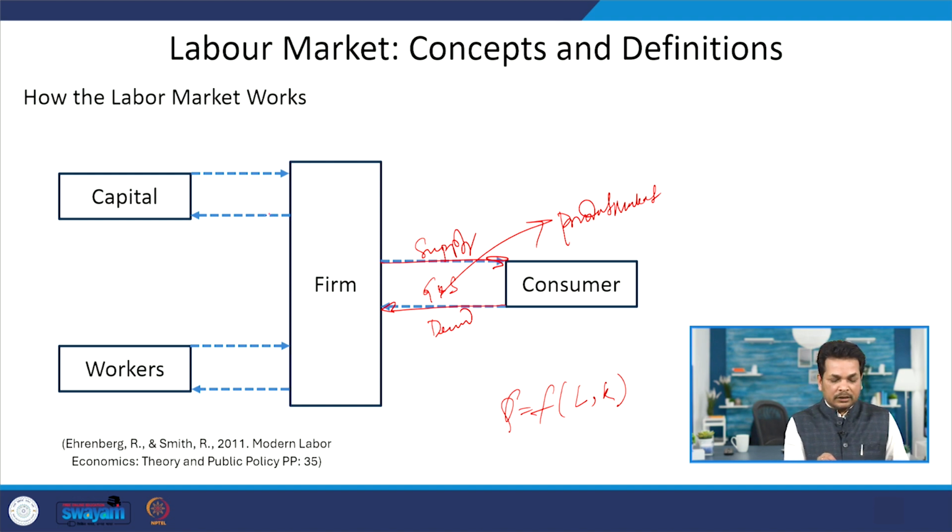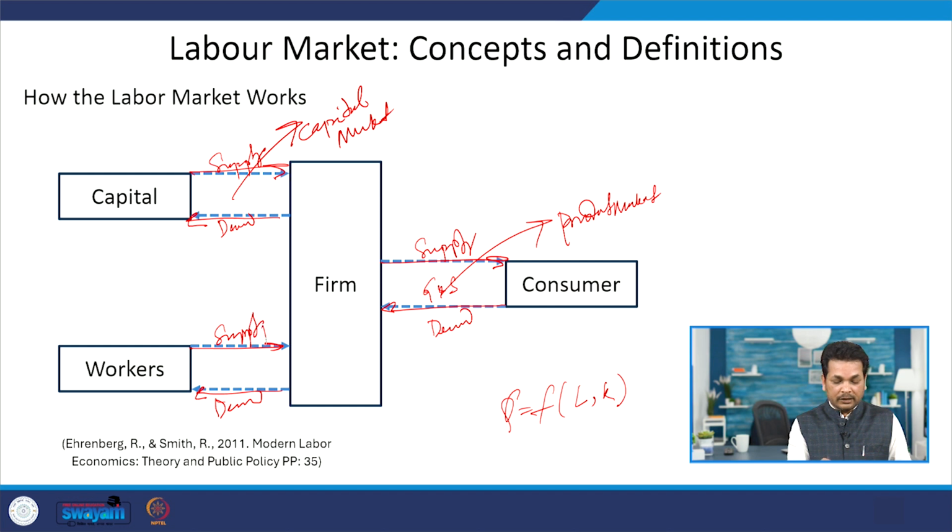So, the farm demands capital and this capital is supplied in a capital market. The farm demands labor and this labor is supplied in a labor market.